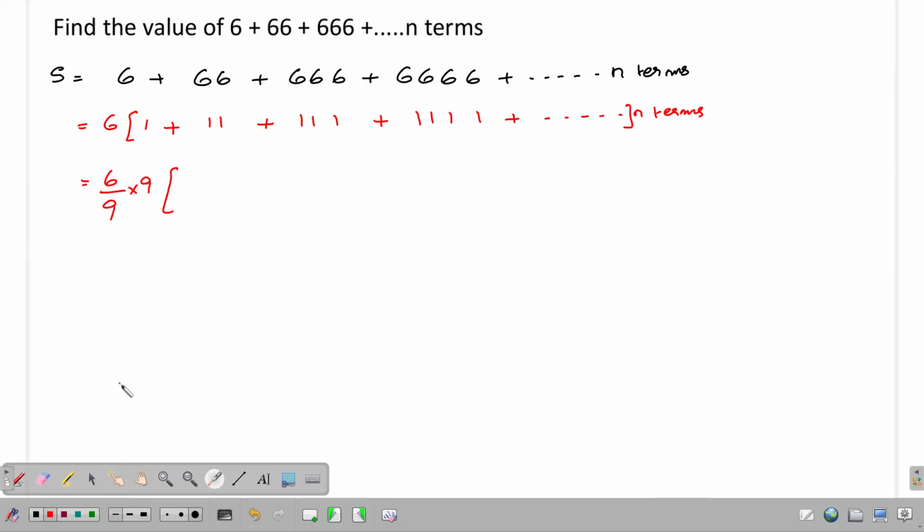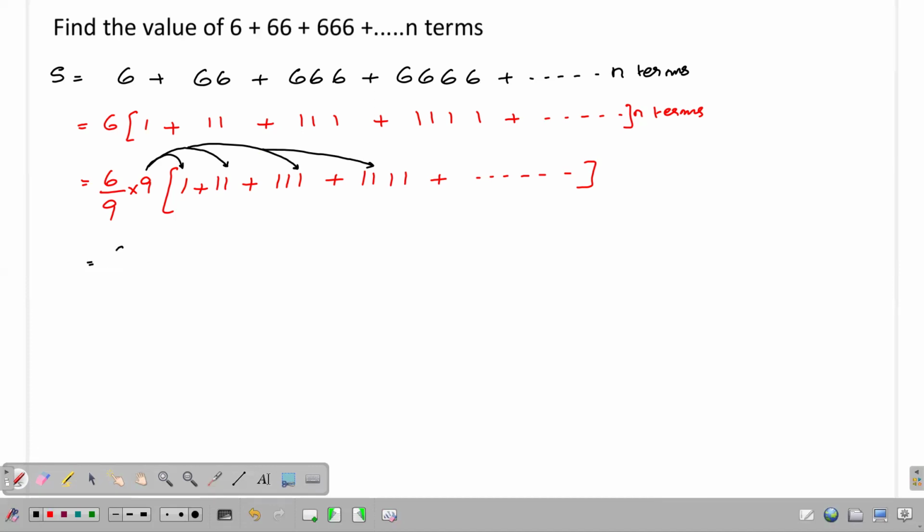It will still be 6 only. 1 plus 11 plus 111 plus 1111 plus etc. up to n terms you are considering. Now you see what I'm going to do. I'm going to take this 9 inside. Then see how the numbers are going to change.